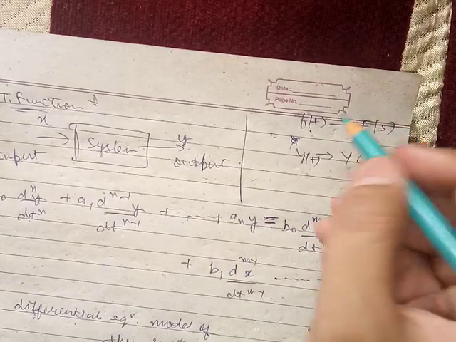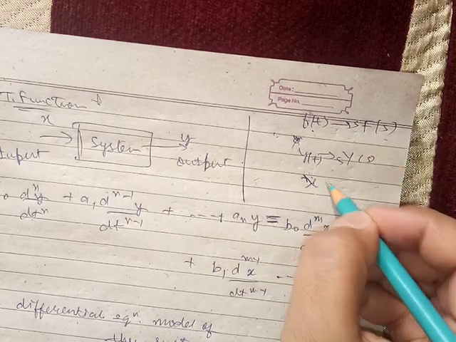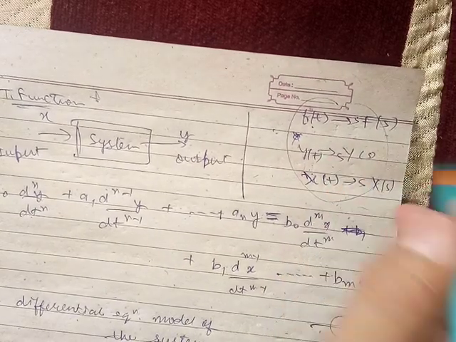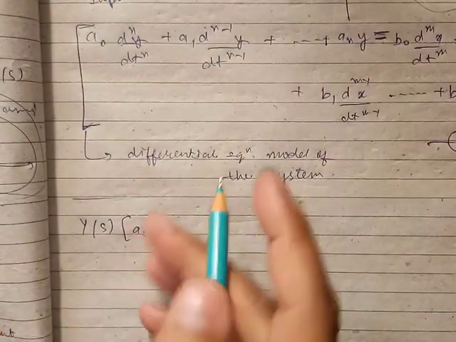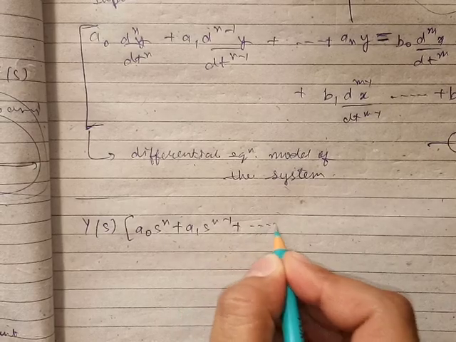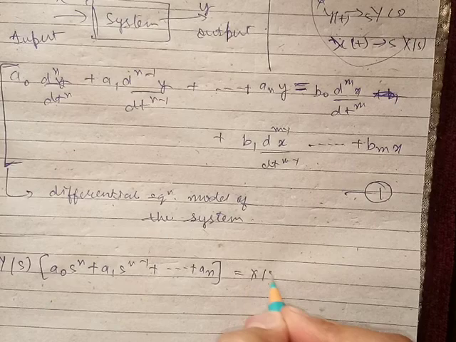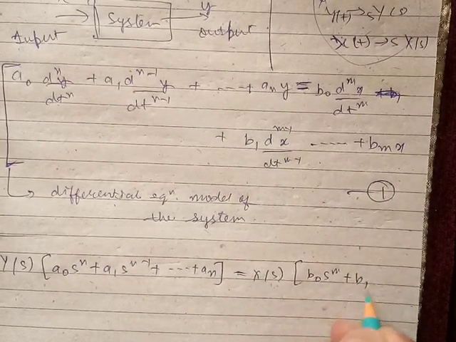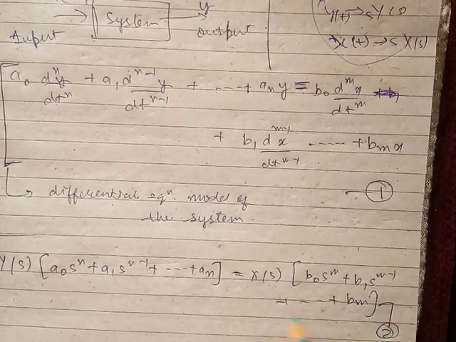Here it will be converted like this, and small x of t is converted to capital X of s. So it will be equal to X of s times b naught s^m plus b1 s^(m-1). This goes on plus b m. This is equation 2.